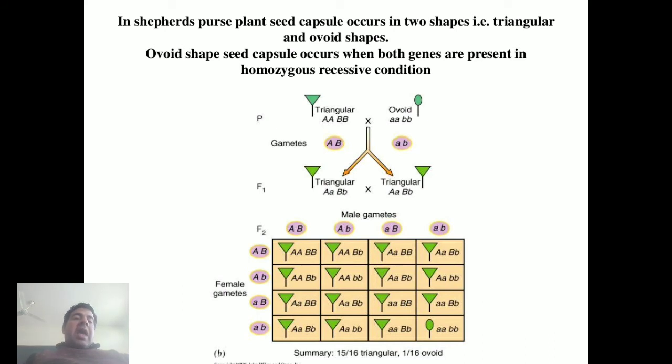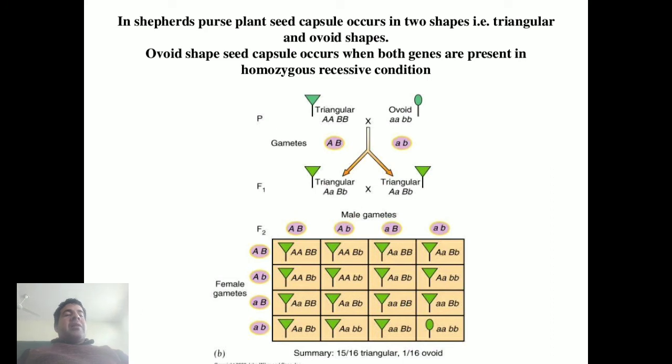In case of gametes AB, Ab, aB and ab, capital and lowercase letters represent dominant and recessive alleles. Here in the triangular crossing, we get in every possibility triangular seed shape in the plants. But in the last one, the recessive genes are present, which produces only ovoid shape. This means there is a 15:1 phenotypic ratio in the seed shape of Shepherd's purse plants.